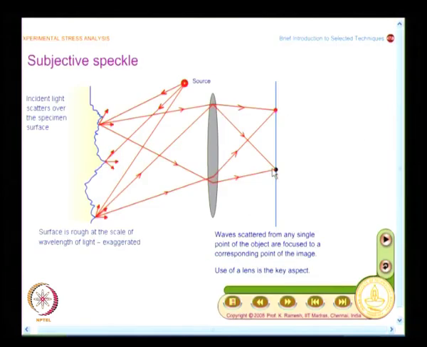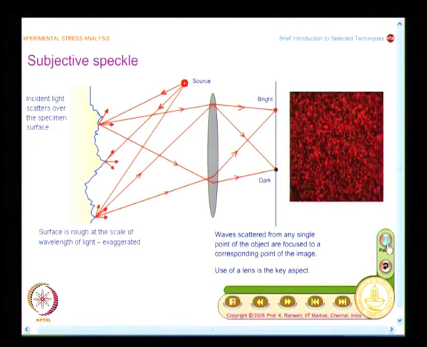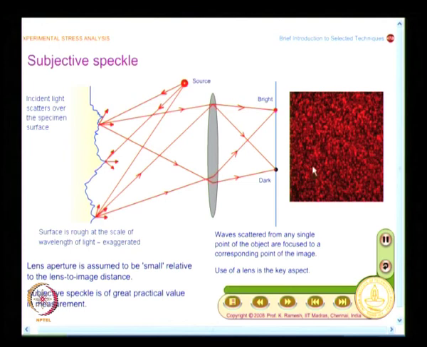I said that objective speckle was difficult to observe and subjective speckle is nice to see, and if I have a film, I have the speckle beautifully formed here because I have a lens.